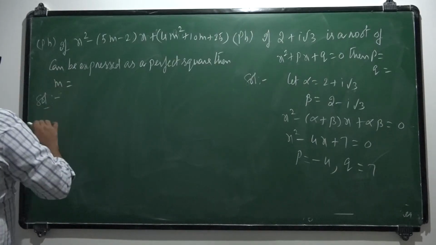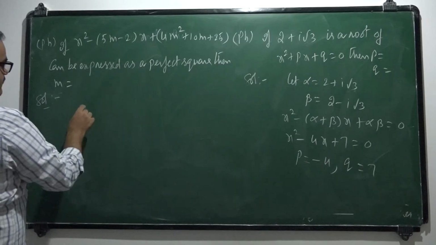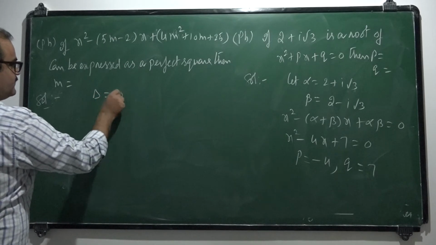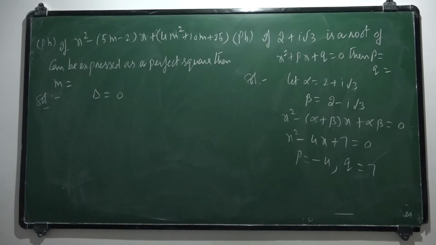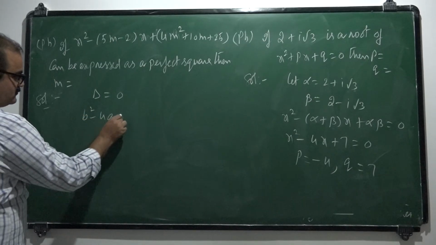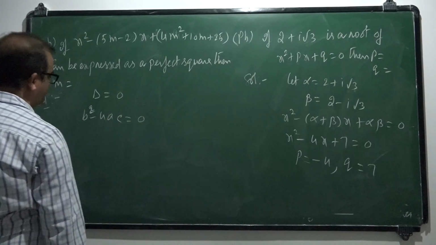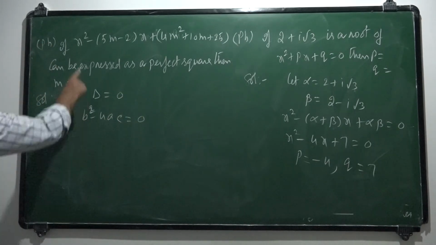In any problem, if the expression is expressed as a perfect square, then discriminant delta is equal to 0. But what is delta? We know b square minus 4ac. Delta is b square minus 4ac, that is equal to 0. Apply that condition. What is a?